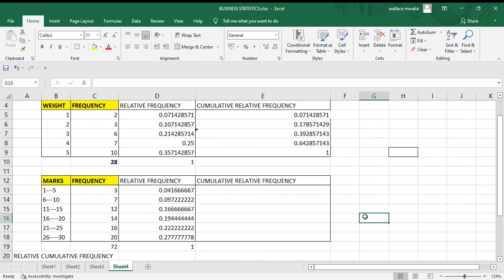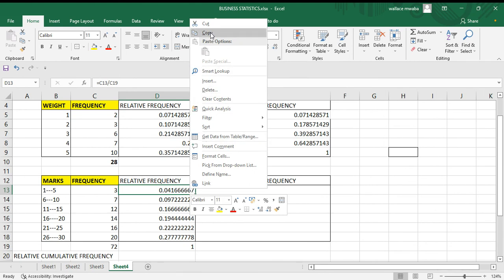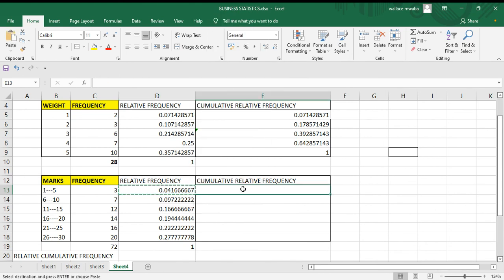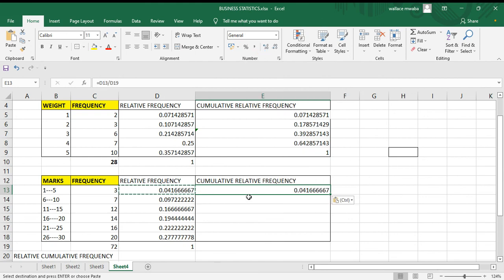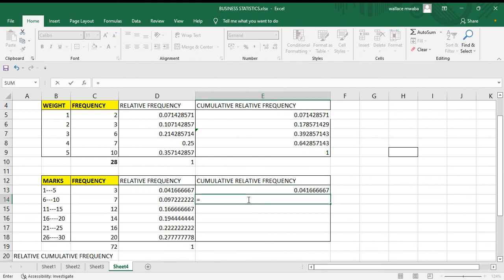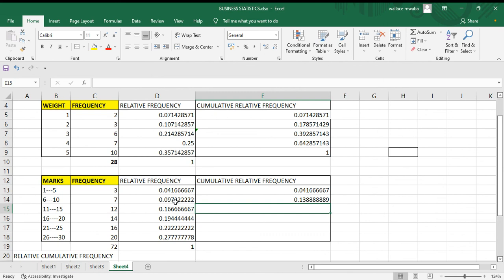Then for the cumulative relative frequency, the same process. First we start with our first number here. Now we're going to start adding each of these numbers together. So we're going to say 0.041 plus 0.097, which is 0.1388, plus 0.16666.